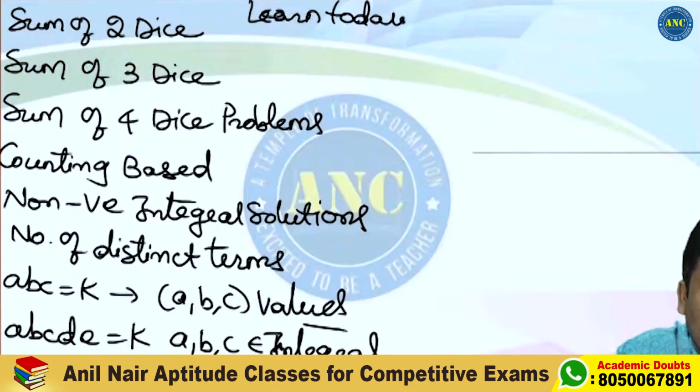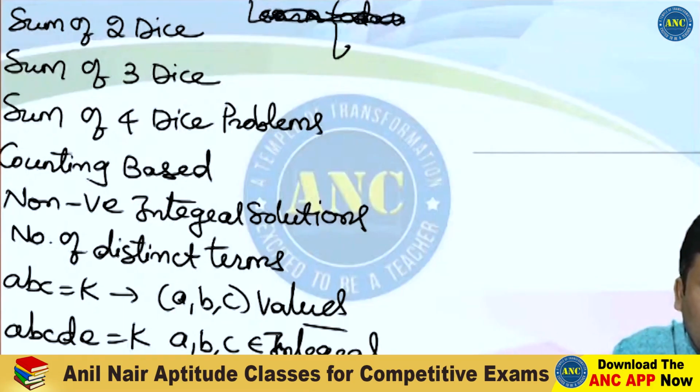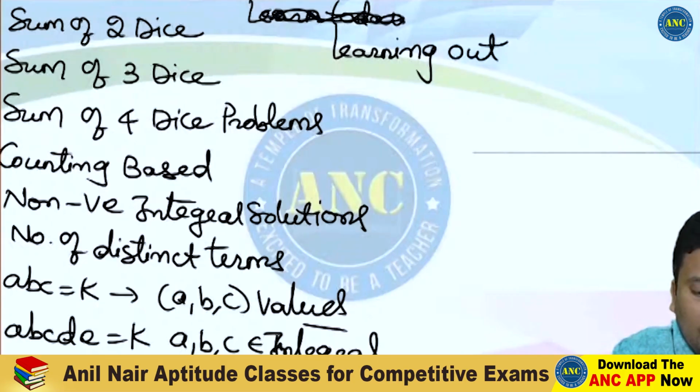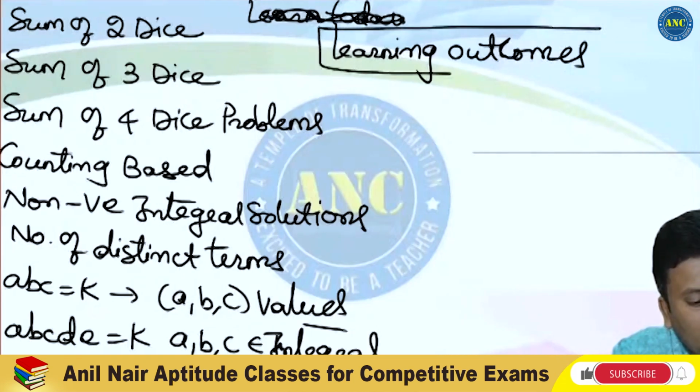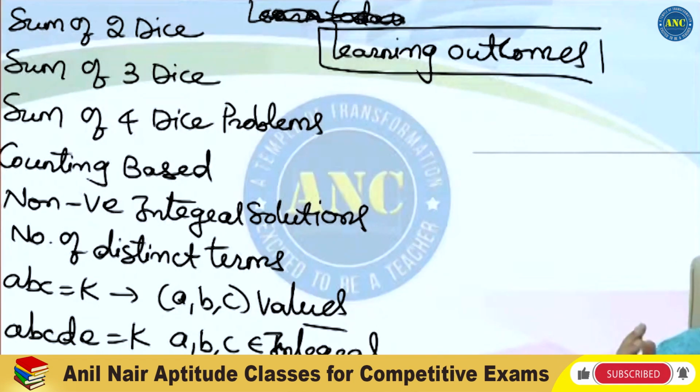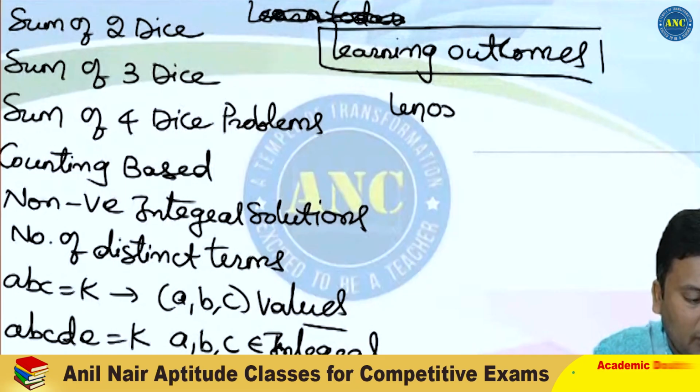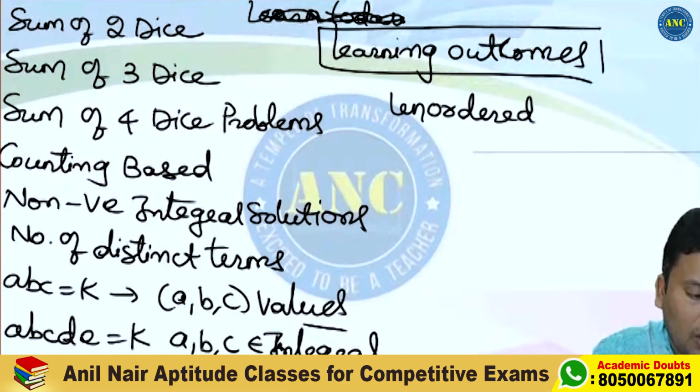These are the learning outcomes. At the end of the class, I expect my students to be very, very good in any of these related problems: 2 dice, 3 dice, 4 dice. We are only concentrating on session number 1, on unordered pairs, that is on combinations.